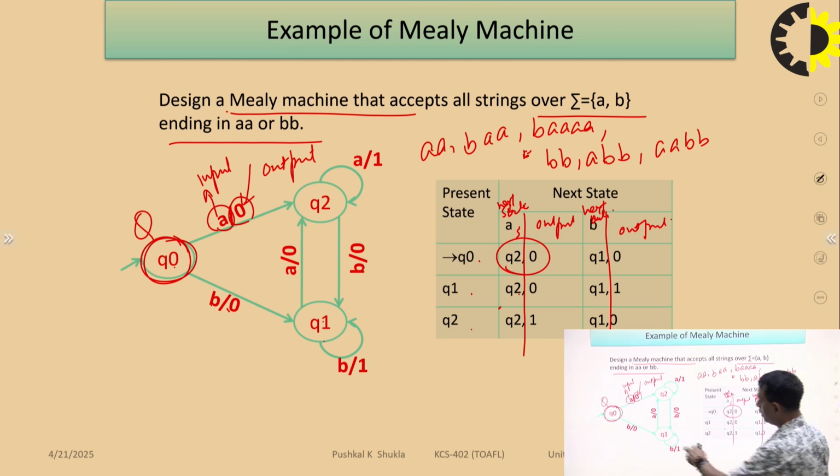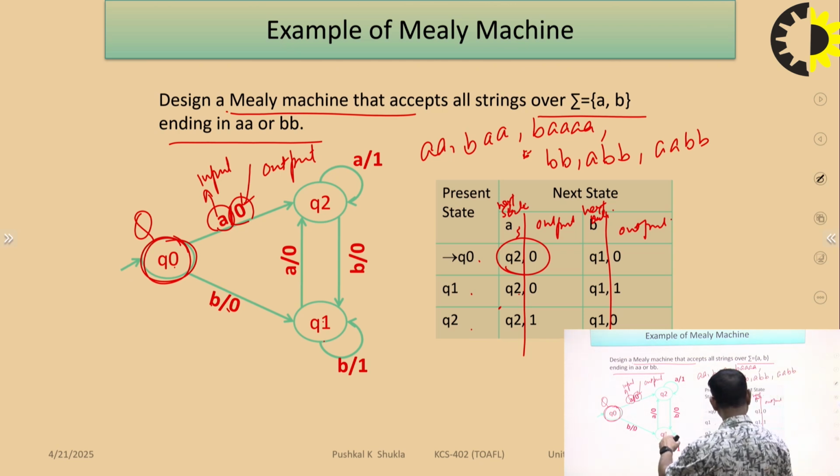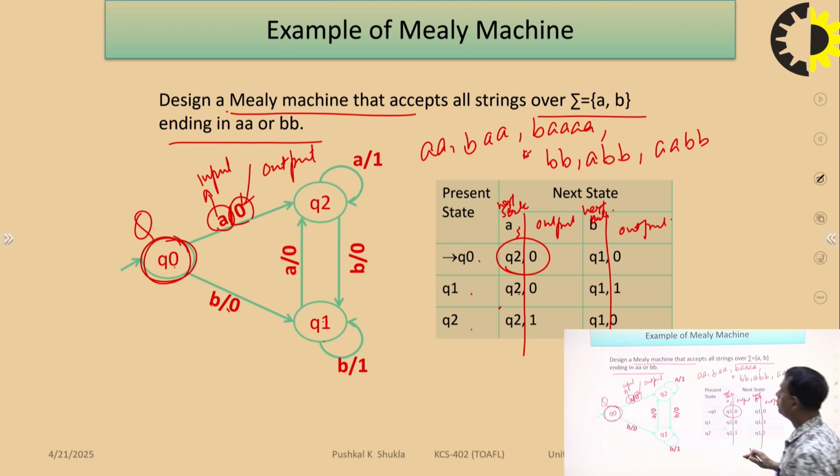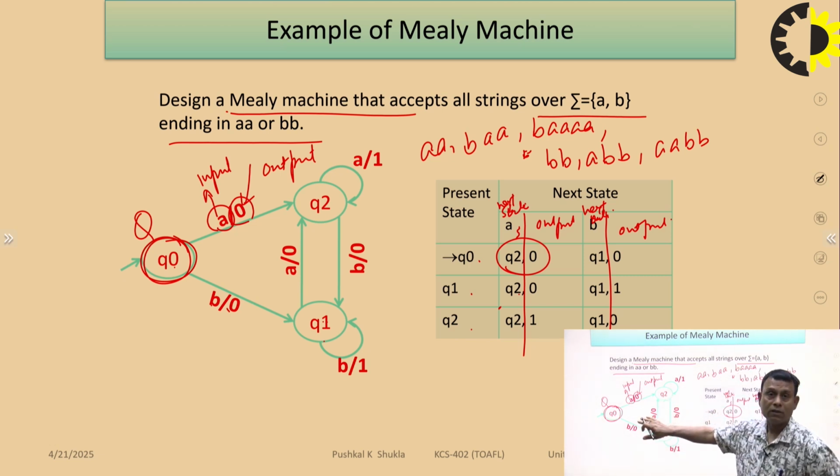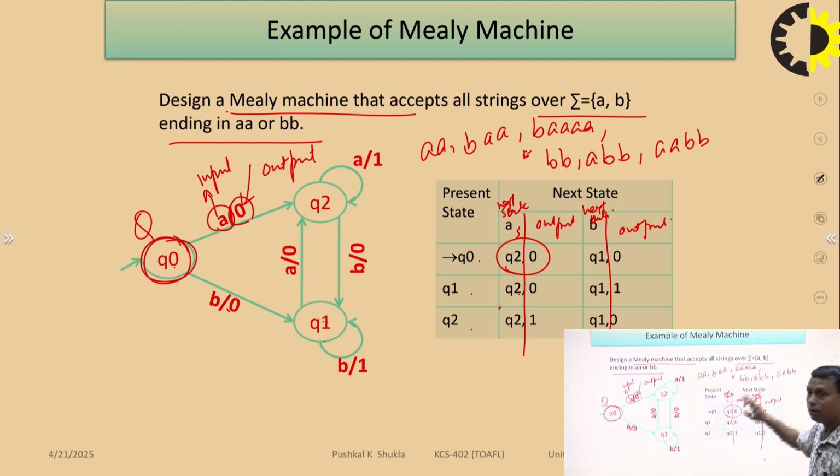Similarly, at the state Q1, after reading B, it goes to Q1 and produces output 1. So make this transition diagram, and with the help of this transition diagram, we can make a transition table. So this is a Mealy machine. So in a Mealy machine, output is associated with the present state and the present input.